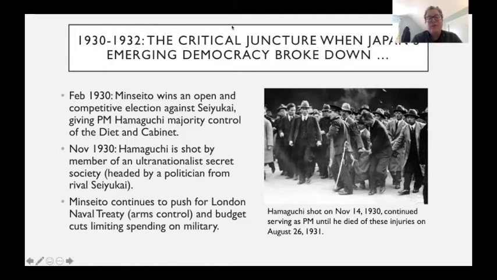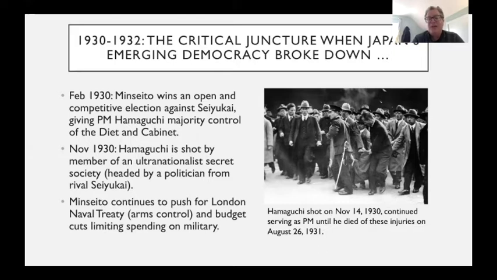The starting point for this is probably the high point of pre-war Japanese democracy. In February 1930, there was a free and open election in which two political parties, Minseito and Seiyukai, competed against each other. This was held under universal manhood suffrage, so it wasn't like a narrow franchise.